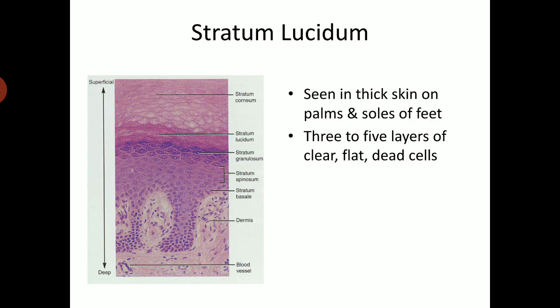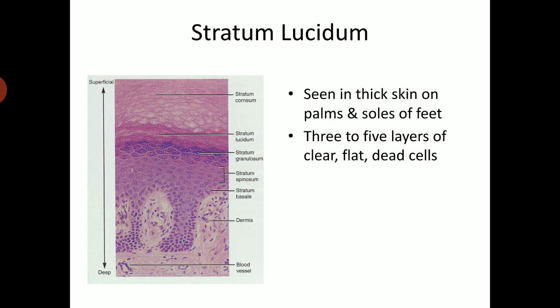Now the next layer in this context is the stratum lucidum. It is a smooth, translucent layer of epidermis located just above the stratum granulosum and below the stratum corneum. This layer of cells is found only in the thick skin of the palms, soles, and digits.